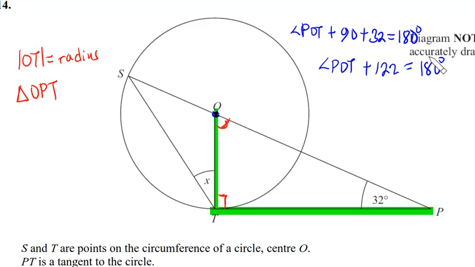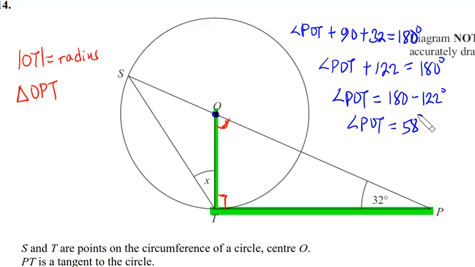So the measure of angle POT equals 180 minus 122 degrees. The measure of angle POT is 58 degrees. Now let's fix that into the diagram. Here we have 58 degrees.